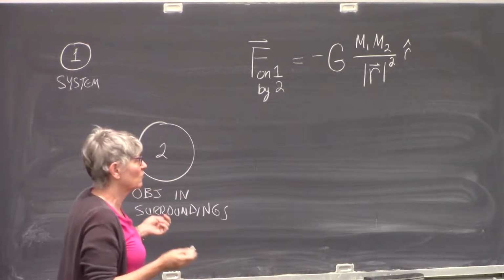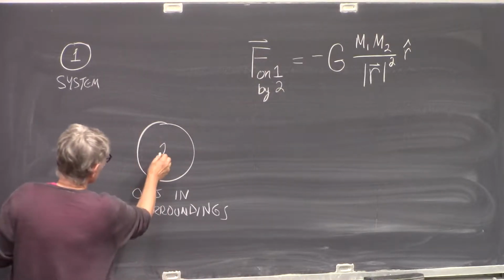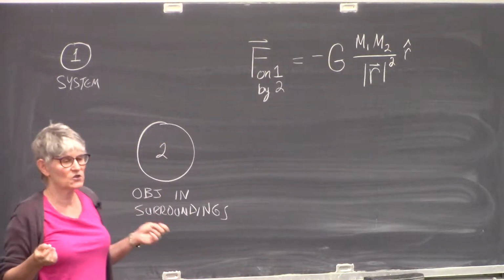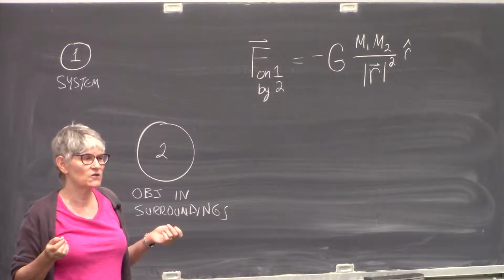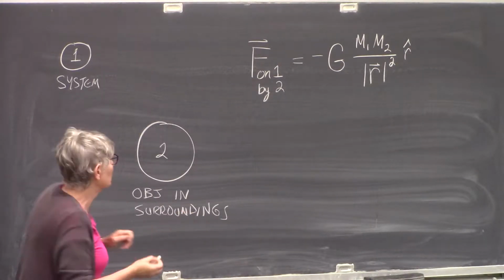R is a relative position vector. It starts at the object in the surroundings that's causing the interaction, and it goes to our system.